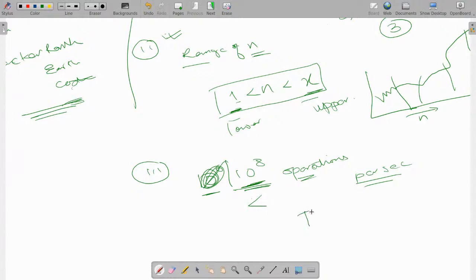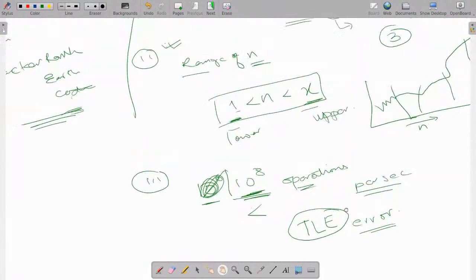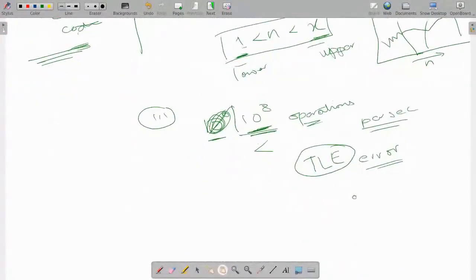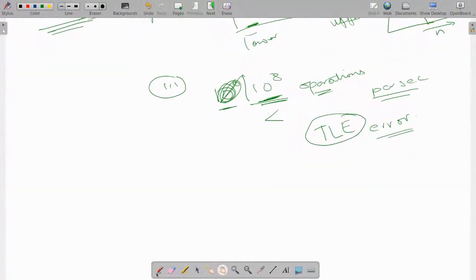Otherwise, you will get an error named TLE, time limit exceeded. What this error tells you is that your program was good, we don't know whether your algorithm is correct or not, but for the test cases and input ranges that we have, your program was trying to execute more than 10 to the power 8 operations per second, which our servers cannot handle, and thus we are throwing a TLE error.